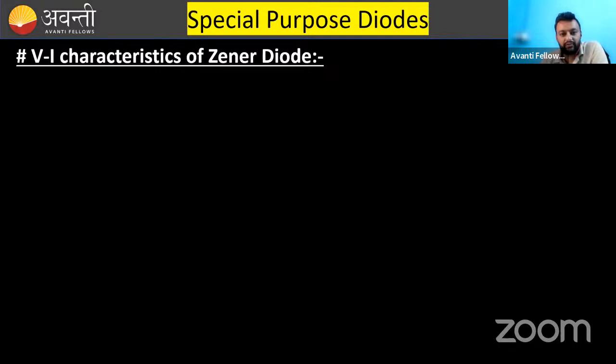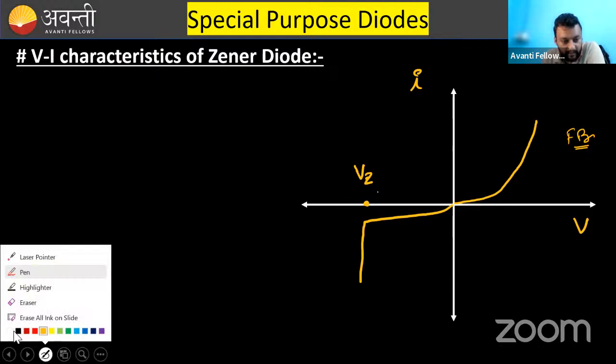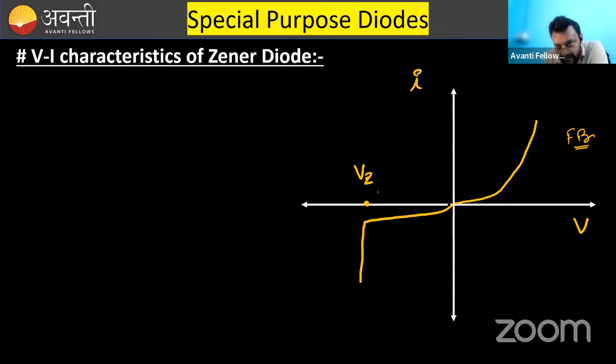What is the VI characteristics of the Zener diode? Look at that. In the forward biasing, they are similar to a normal diode. In the reverse biasing, the point to be noted is, they are behaving like the same diode, but in this region, this is called the breakdown region. In this region, they will not destroy themselves.